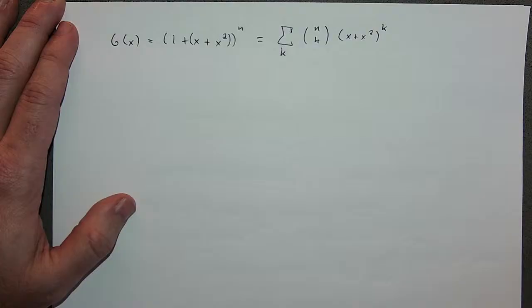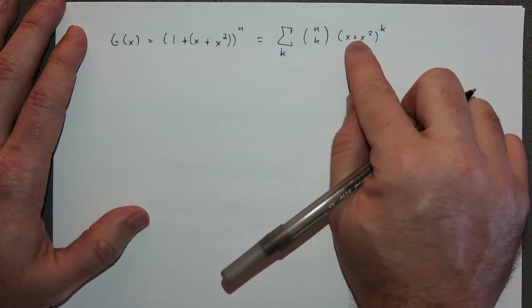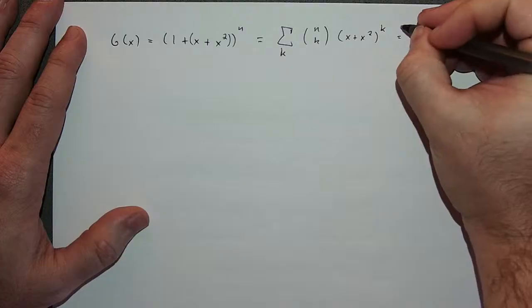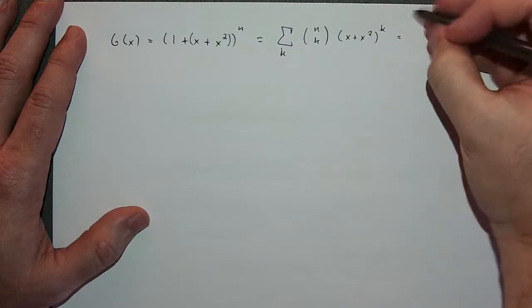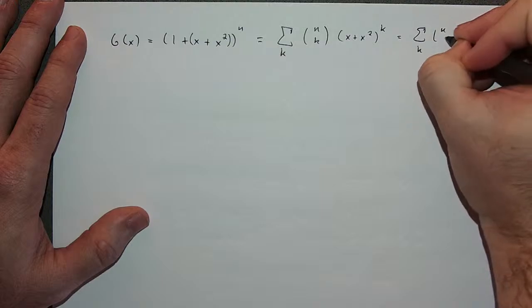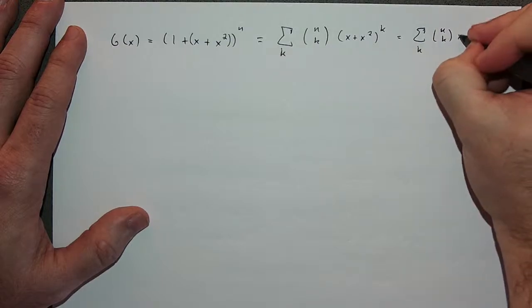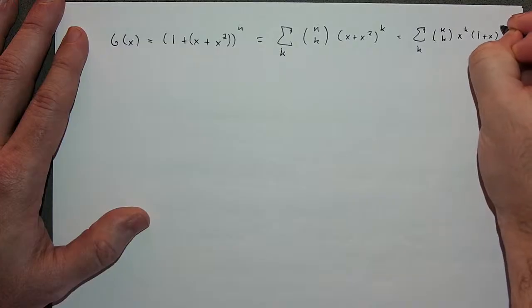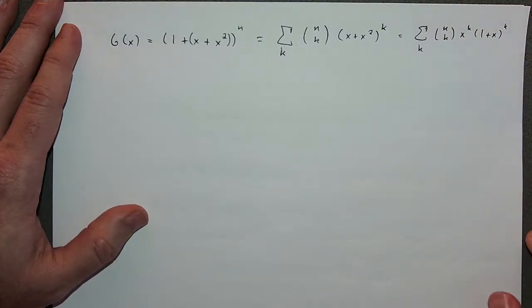Okay. Now there's a common factor of x here that I'm going to rewrite and pull out for a second. So this is the sum over k of n choose k times x to the k times (1 plus x) to the k.